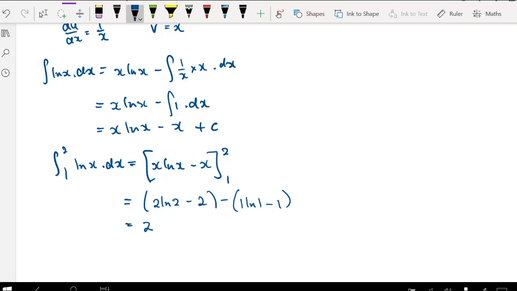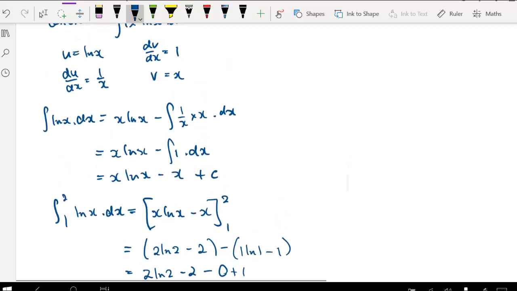So we've got 2 ln 2 take 2, take ln 1 is 0, so we're taking away 0 plus 1. So we've got 2 ln 2 take 1 units squared. And there we have it.